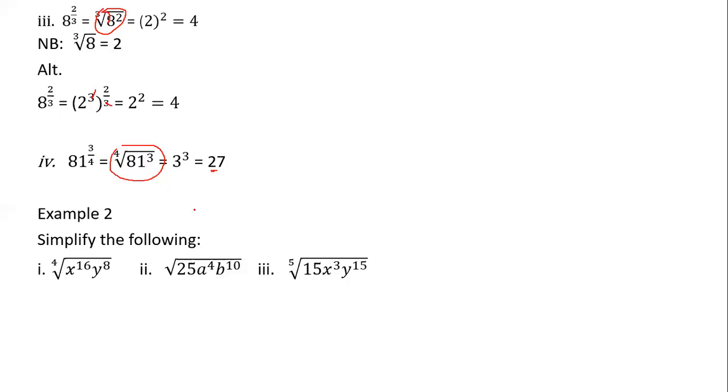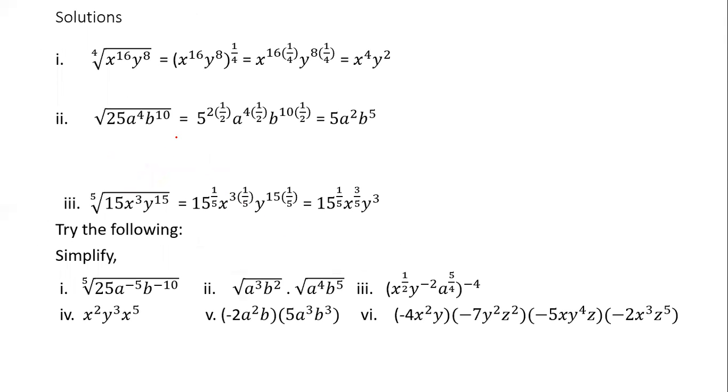Now let's see how to simplify the following. We have already learned that the 4th root is the same as raised to the power 1 over 4. It's the square root, so this is all power 1 over 2. And this one will also be all power 1 over 5. So solution: we have the 4th root of x power 16, y power 8, which will be equal to, in bracket, x power 16, y power 8, all power 1 over 4. That's the 4th root.